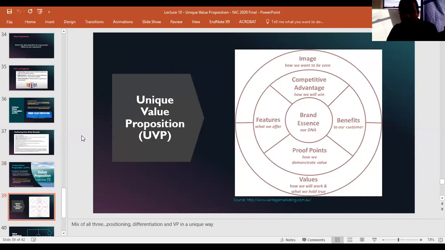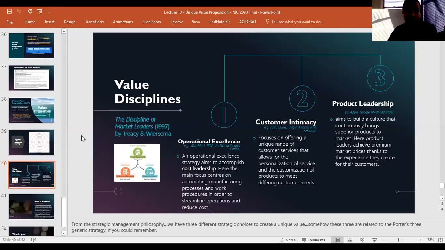It contains the benefits, the features, the image, as well as differentiation tools, competitive advantage, the proof points, supporting the claim, and the values. So it has to be a mix of all three: value proposition, differentiation, and positioning. Okay, I think this is the last slide for this discussion.